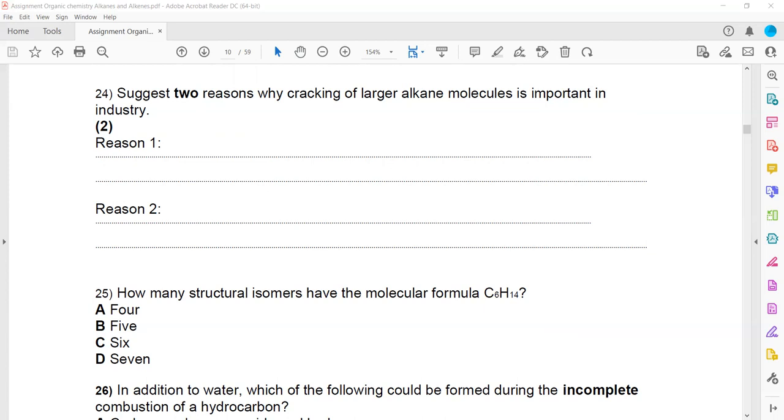Because the small molecules or short chain alkanes are in more demand compared to long chain compounds. So the demand for the small molecule is more than the long chain. That's why cracking is done.